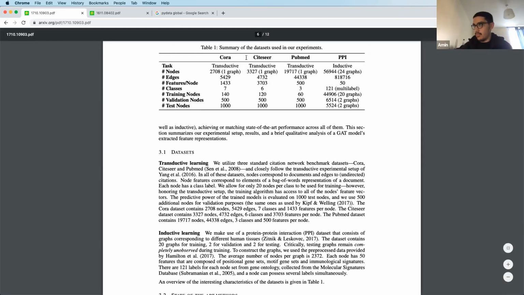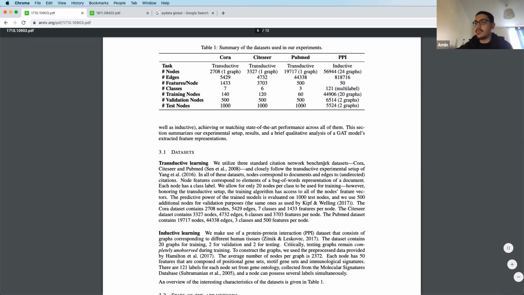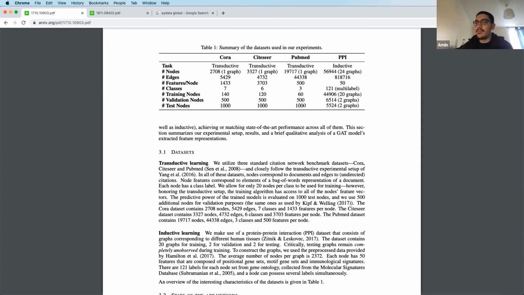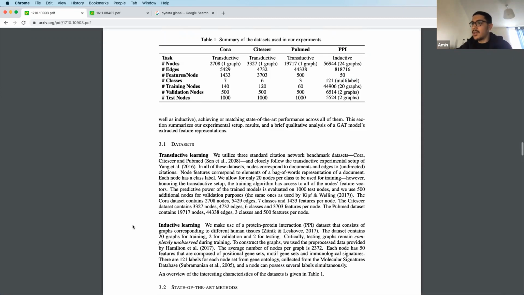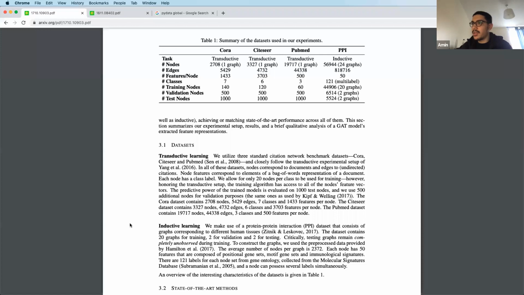Okay, so for the protein-protein interaction, we're dealing with a multi-label classification problem, and so yeah, each node can have several labels. Okay, so in terms of the data set setup, I think this is fine.